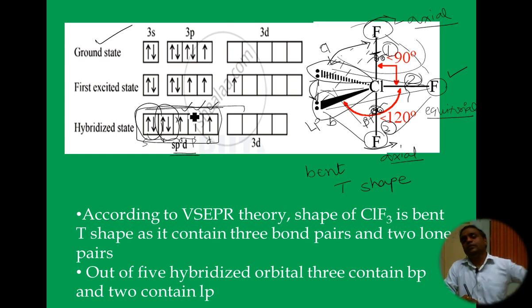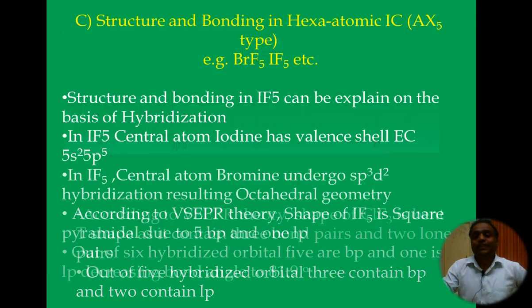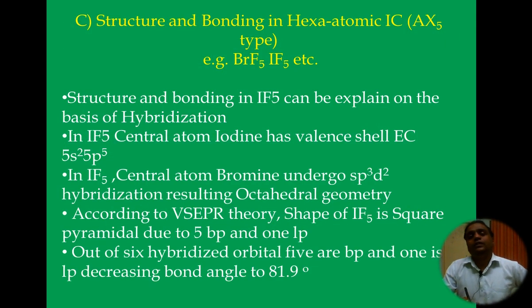In this way we can explain the structure of these interhalogen compounds containing 4 atoms, that is, tetra-atomic interhalogen compounds. In the next slide we will see structure and bonding in hexatomic interhalogen compounds, that is, AX5 type.